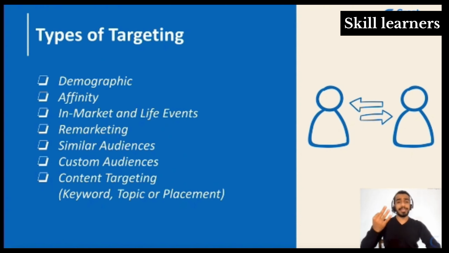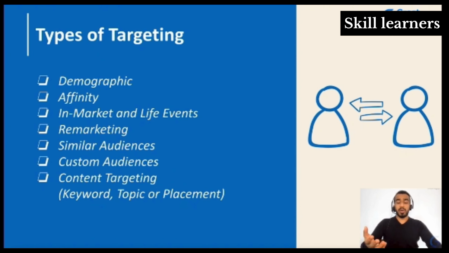The third is in-market audiences. So what Google also knows is people who are actively searching for the product that you are selling. In-market audiences are audiences that have a little more higher intent. When I said affinity audiences, those are audiences that have an interest towards the product.